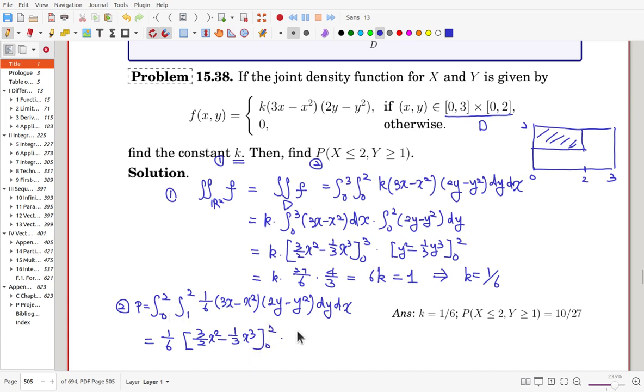In the y direction, that is y squared minus 1/3 y cubed, from 1 to 2. You can evaluate this quite easily, and if you finish the computation, you'll get 10 over 27.